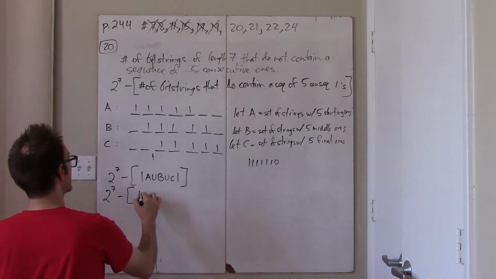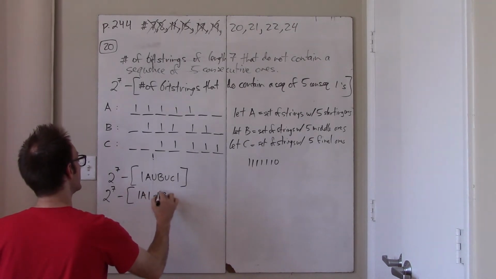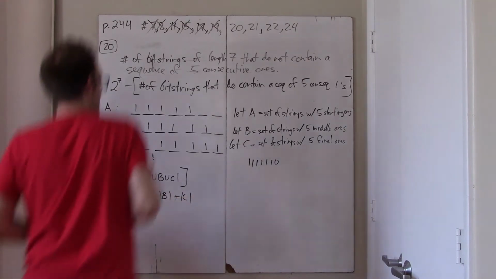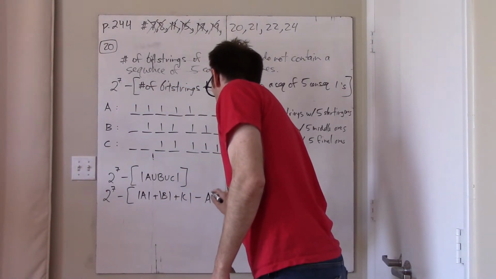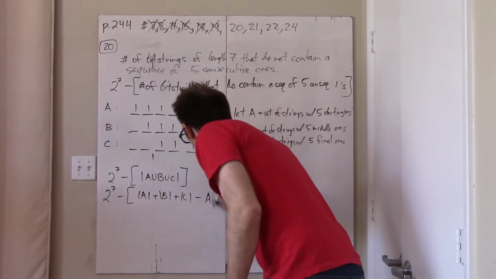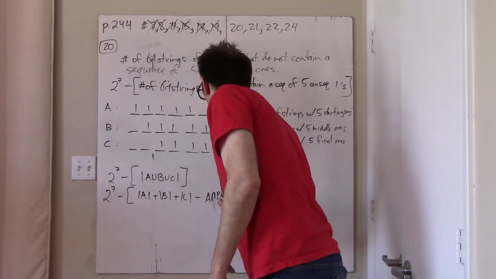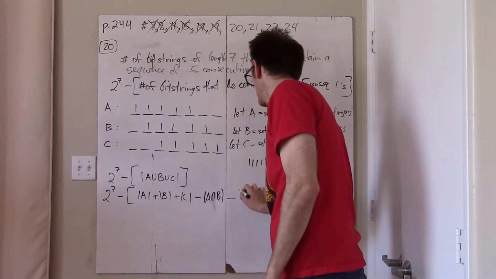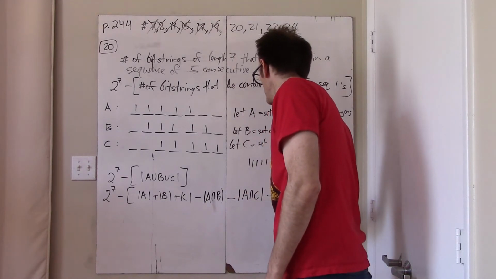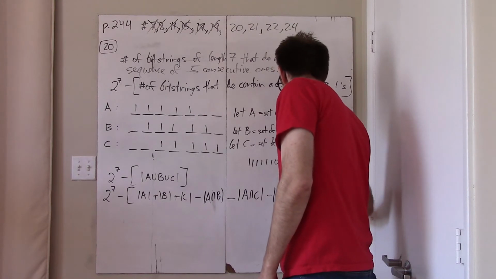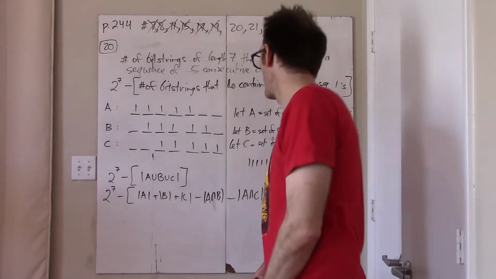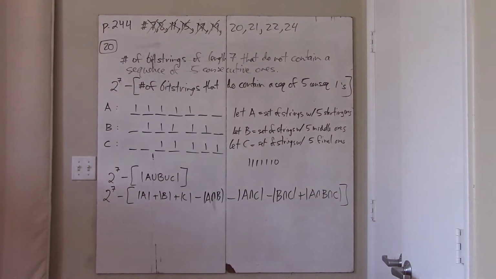This will be the size of A, plus the size of B, plus the size of C, minus the size of A intersect B, minus A intersect C, minus B intersect C, plus A intersect B intersect C. This is surely correct; that's inclusion-exclusion just stated out.